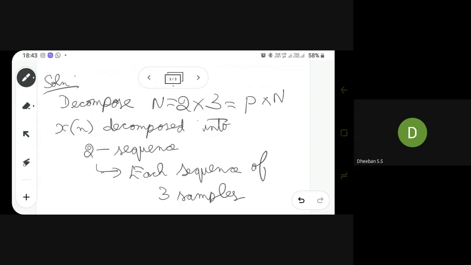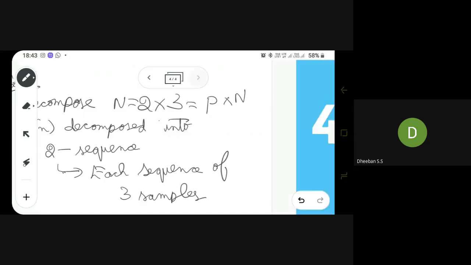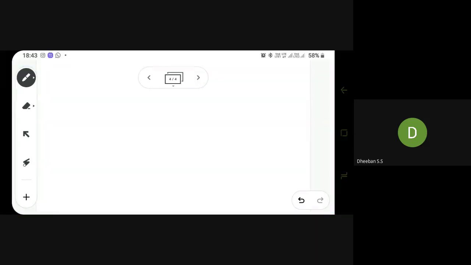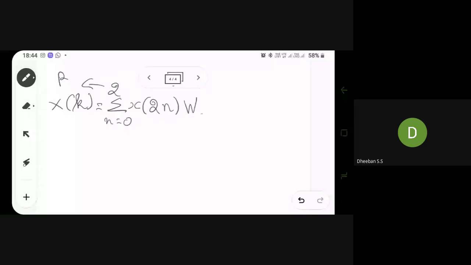In general, the formula we can write is: X of k equals summation n equal to 0 to 2 of x of 2n into W6 to the power 2nk. This 2 represents your P value, and this 6 refers to your N value.